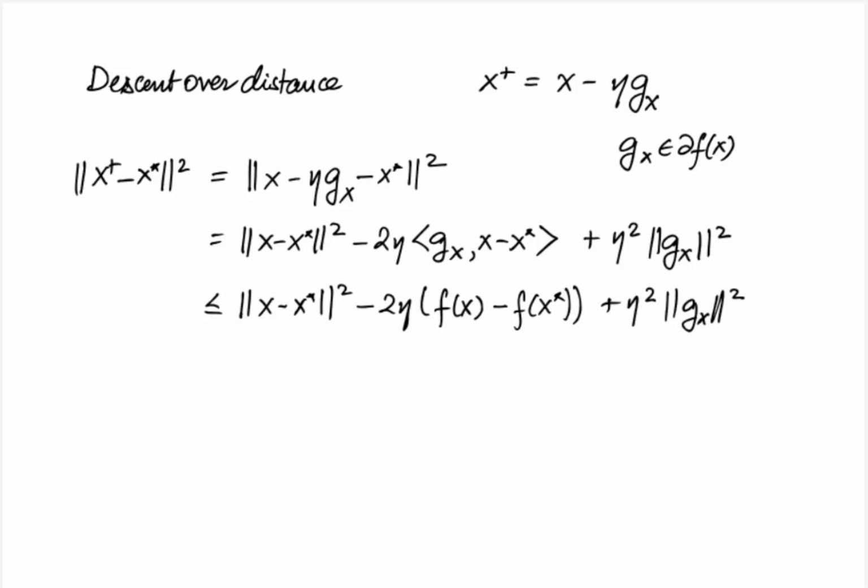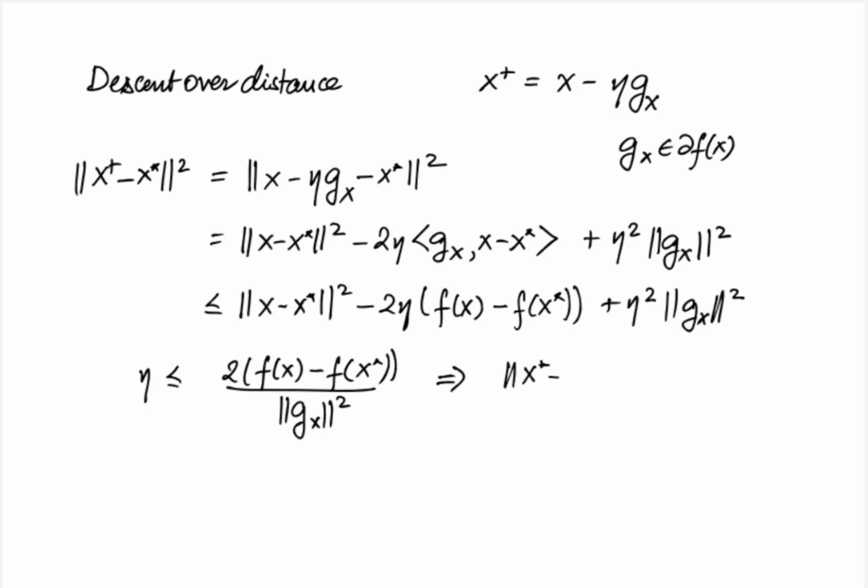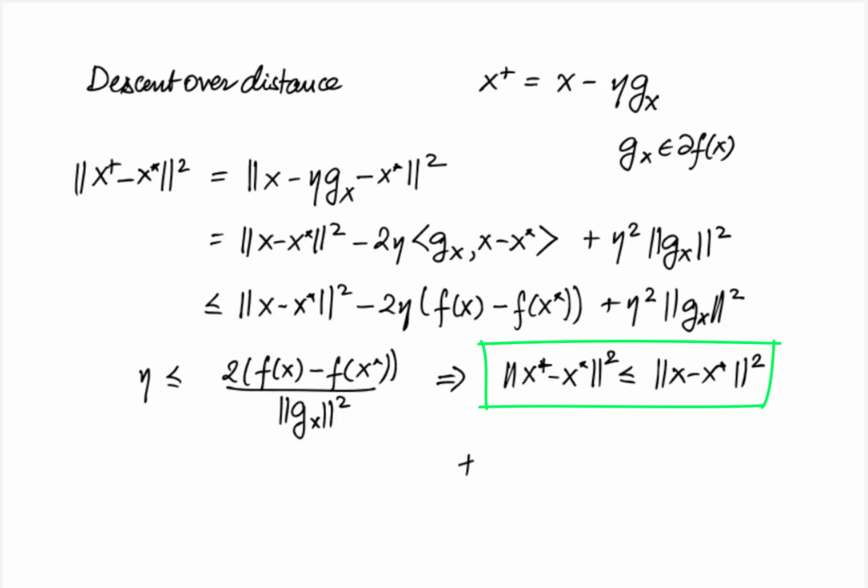Here you can see that as long as eta is sufficiently small, that is eta is less than or equal to 2 times f of x minus f of x star divided by norm square of gx, then we have that norm square of x plus minus x star is less than or equal to norm square of x minus x star. In this proof, we did not even require that x star be unique. So the subgradient is actually getting us closer to any x star that is in the optimum set.